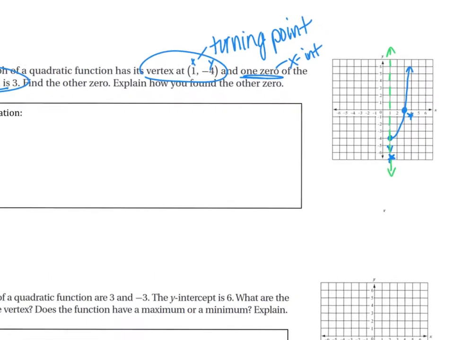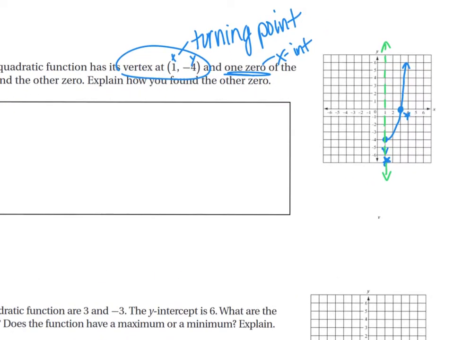So if I zoom in a bit here, from that axis of symmetry, it's 2 units to the right to get to the 0. So in order to get to the other 0, we got to move 2 units to the left. And then we can complete our graph.